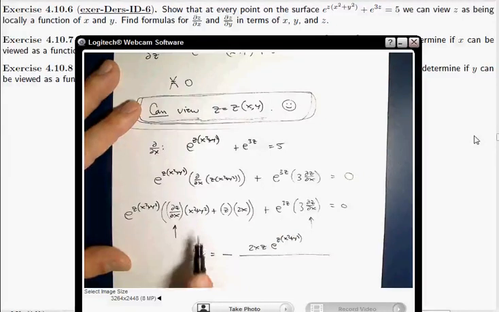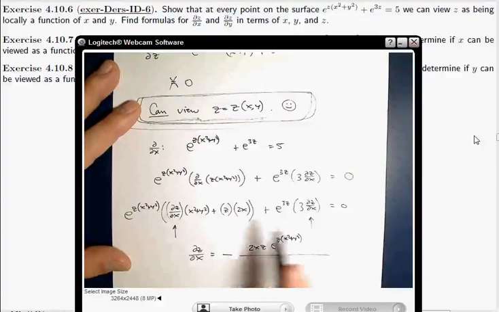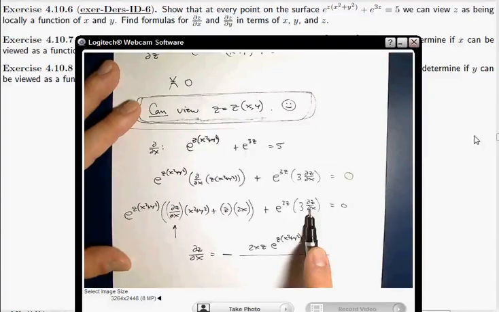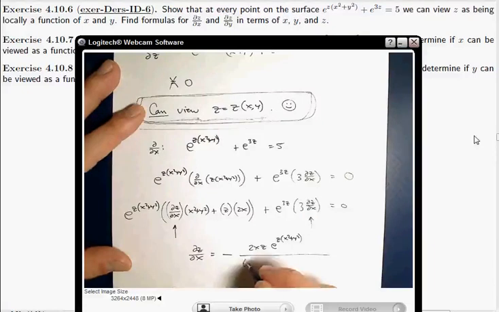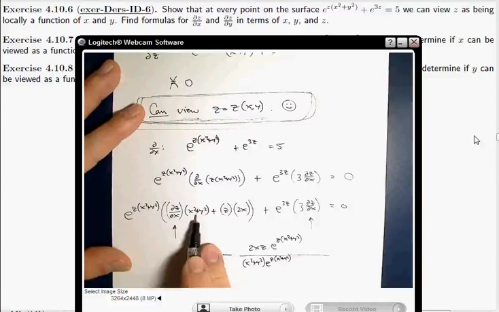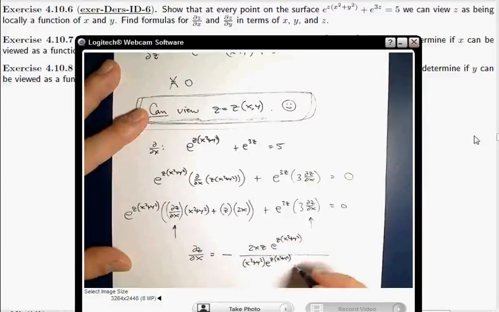And now we divide by the collected factors that multiply the partial of z with respect to x. And that is x squared plus y squared times e to the power of z times x squared plus y squared. That was that there. And then this here, 3 e to the 3z. There you go.